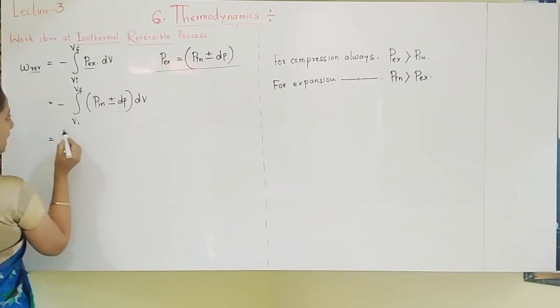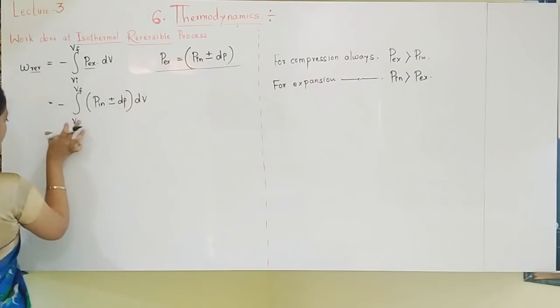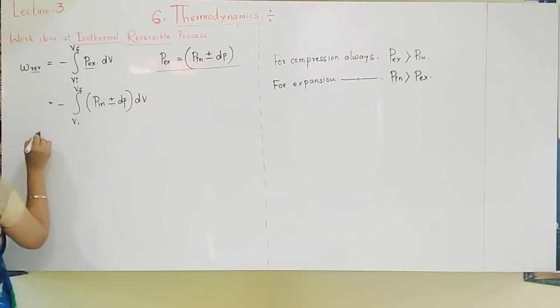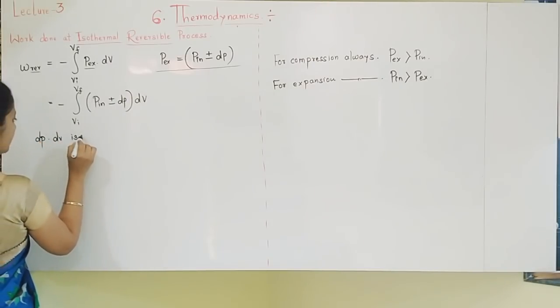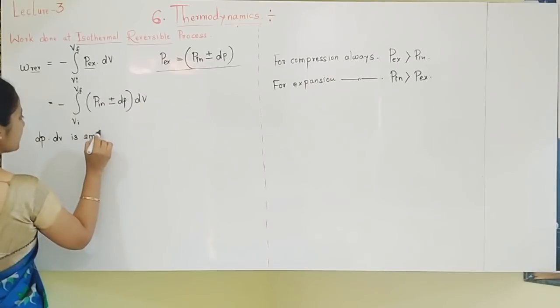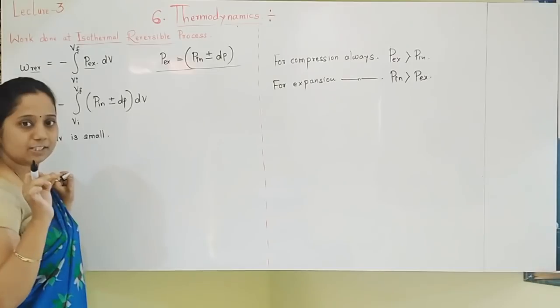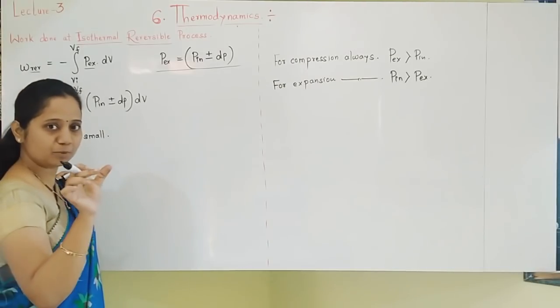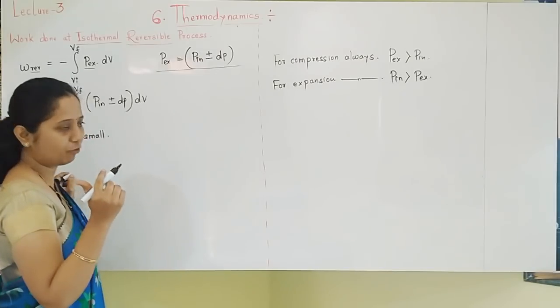Now this is the change in pressure and this is the change in volume. So dP into dV is small. Why is it small? Because both indicate a change, and the change will be less compared to the initial volume or final volume.